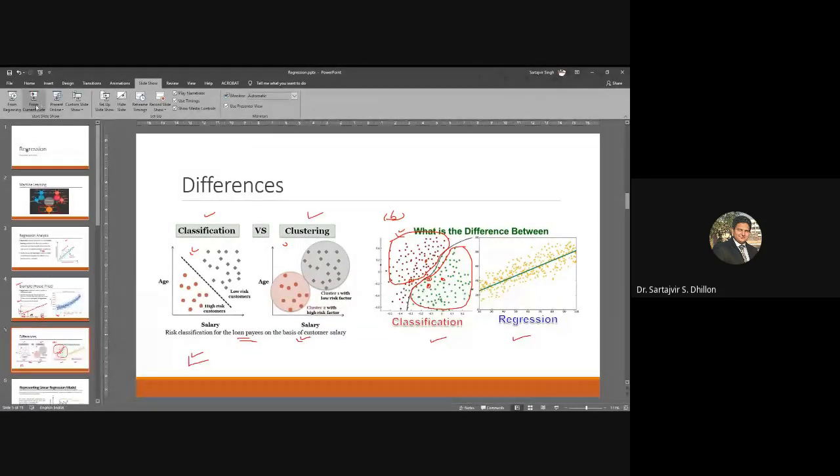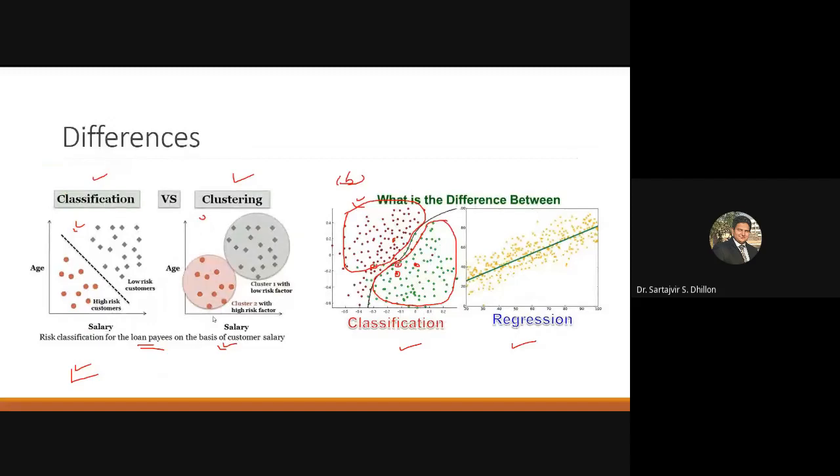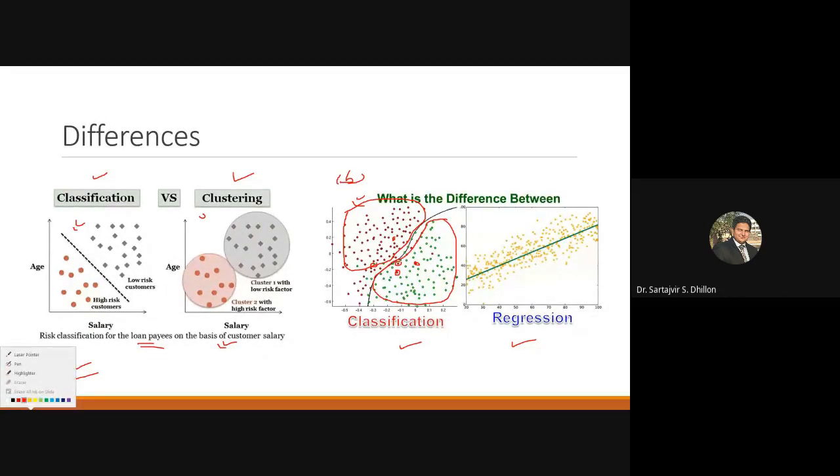So the next part, regression. In a regression, there are multiple data points, and we have to mark a line. Yes, there is one more difference between classification, clustering, and regression.